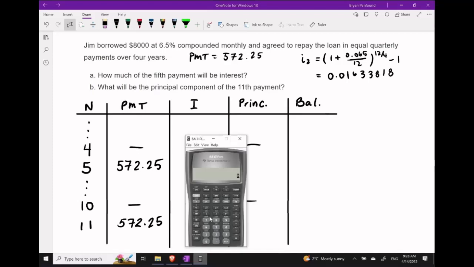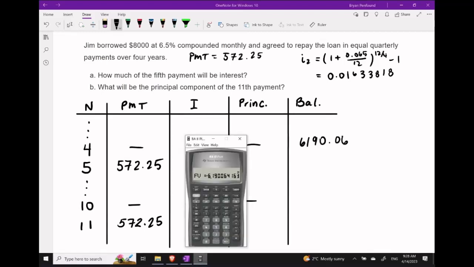The easiest way to do that is to update the information in our calculator. Let's give the calculator that the payment size is $572.25. Let's ensure that we put this in as a negative payment. We're also going to update that n is equal to 4, and specifically we want to know what the future balance is at that time step.